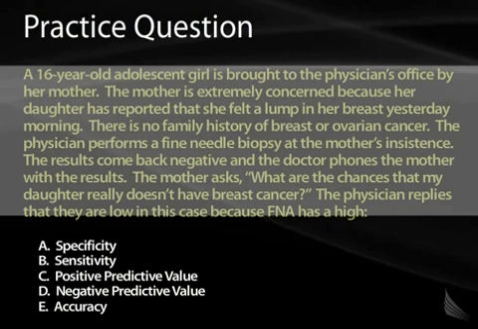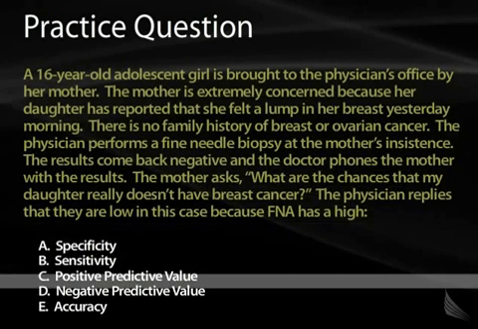So in the setting of a very low background rate and a negative test, if the physician interprets this as being low, we can extrapolate that the reason that he has this confidence is because of the negative predictive value of the test. The negative predictive value is driving our interpretation of this test, primarily because of the low background rate of disease. And so for that reason, the answer is D, negative predictive value.